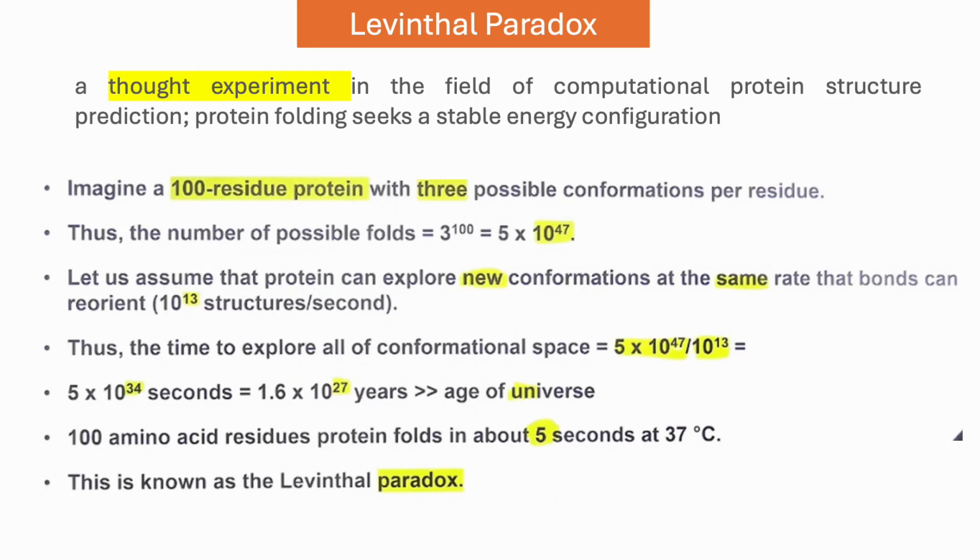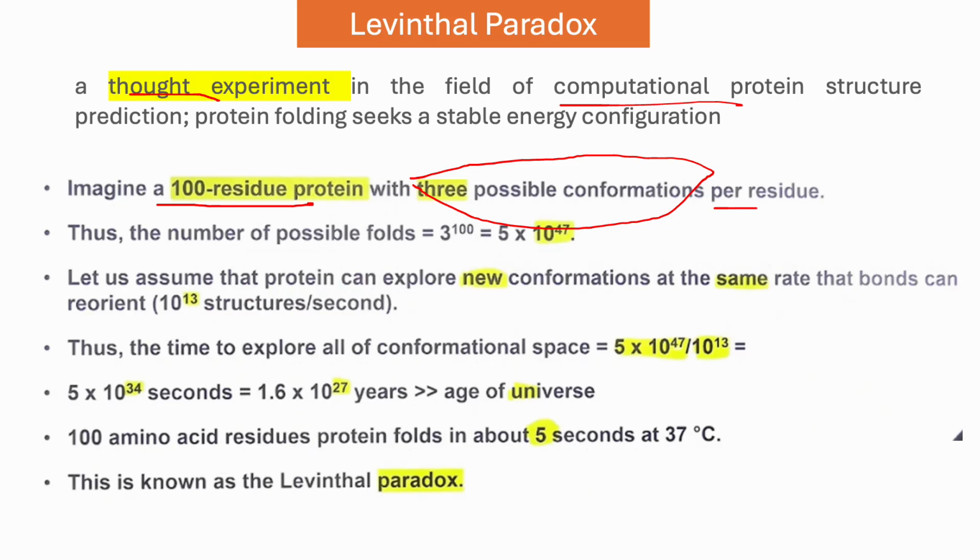Let's talk about the Levinthal paradox. The Levinthal paradox is a thought experiment in computational protein prediction. What it means is, say we have to make a protein of 100 amino acid residues. Each residue can form three possible conformations: alpha, beta and gamma.